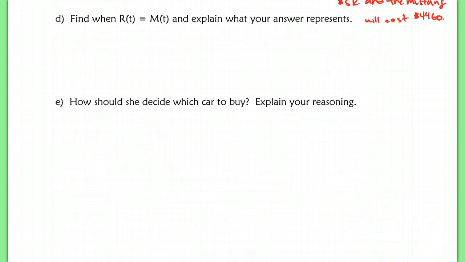Now, in the next question, it says, find when R of T is equal to M of T and explain what your answer represents. So I just noticed that this is just two functions set equal to each other. So I'm just going to set R of T, which is 150T plus 1,250, equal to 60T plus 2,960. Remember, that's what M of T is, and that's what R of T is.